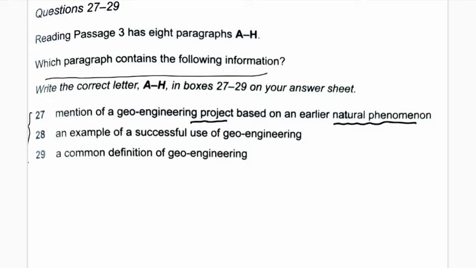That is what they want to ask. Now in the second, an example of successful use of geoengineering. So there might be some example given in any of the paragraphs, right, which shows the use of geoengineering. And the third, common definition, so common definition of geoengineering, right? So these three are the statements.